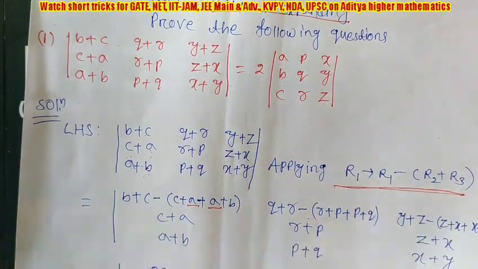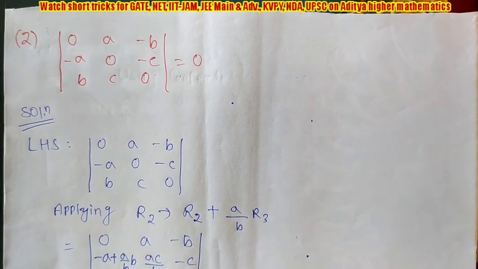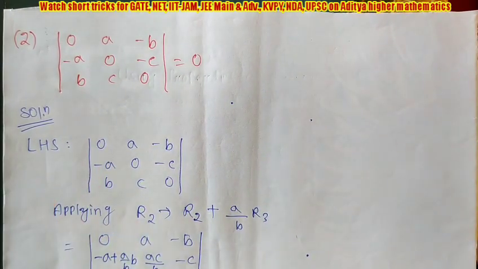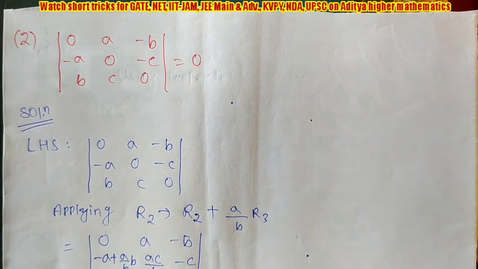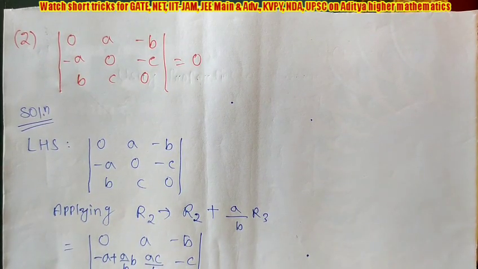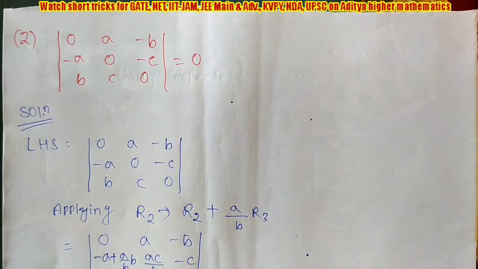Now we will see what about the second question. Second question is 0 A minus B, minus A 0 minus A, B C 0, is 0, you have to prove. And this question you can directly use expand method, but the procedure you have to follow only using properties of determinants and without expanding.